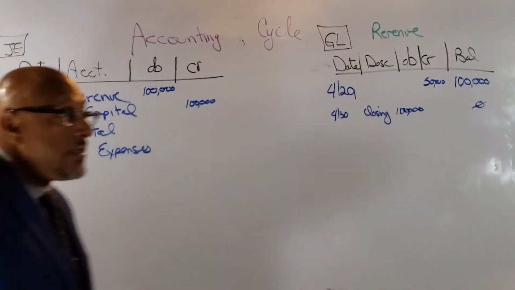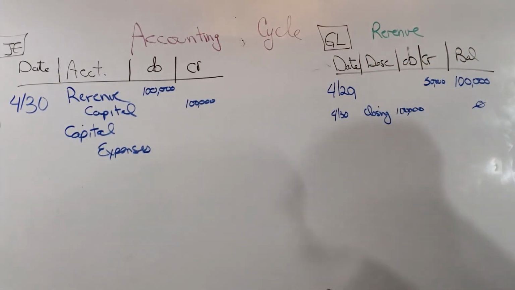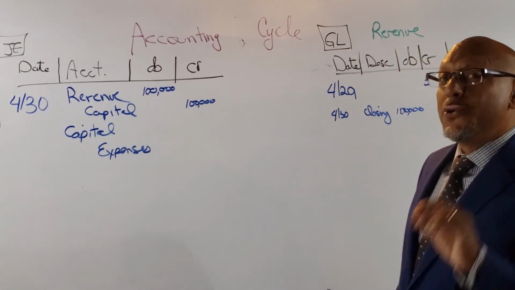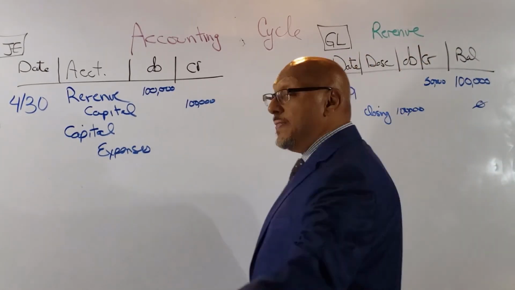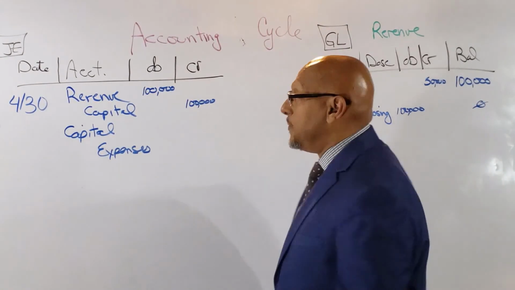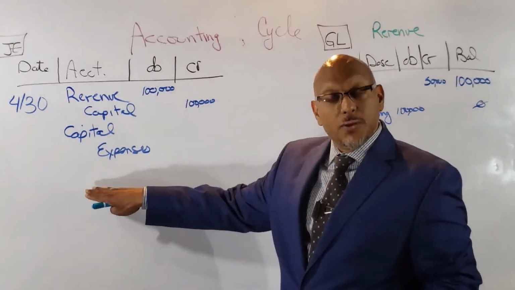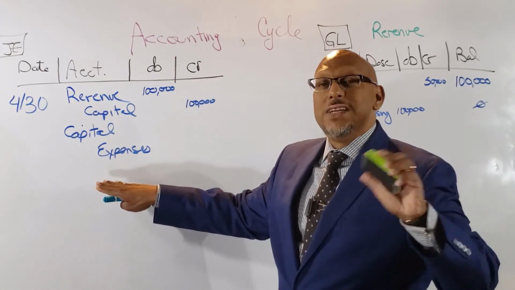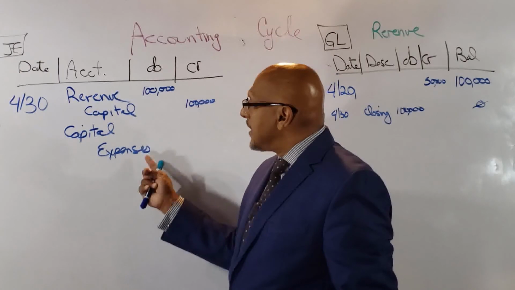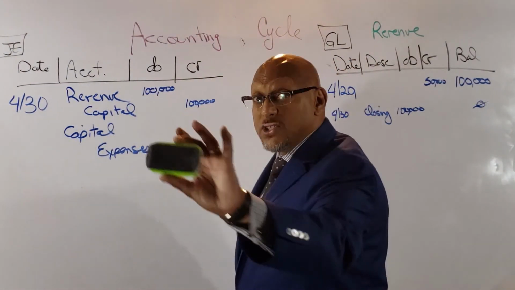But I said there were two methods. And here's the second method, the indirect method, or the income summary method. And this is truly the difference between the two. With the direct method right here, we are done with the closing. We don't close net income; it is not an account. The net income is the difference between revenue and expenses. Watch this magic.